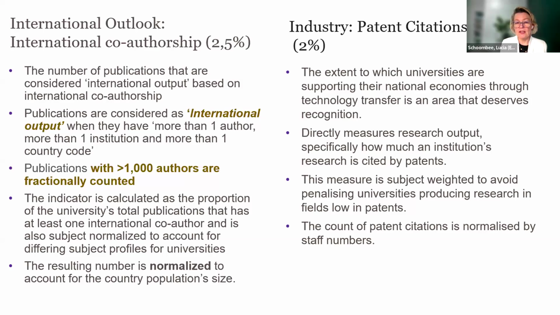And this measure is also weighted to avoid penalizing institutions that produce research in fields low in patents. For instance, if an institution is not so focused on engineering, where you would usually see patent citations, that is normalized so that those institutions are not penalized, and the patent citations are also normalized for staff numbers, which is understandable, of course.